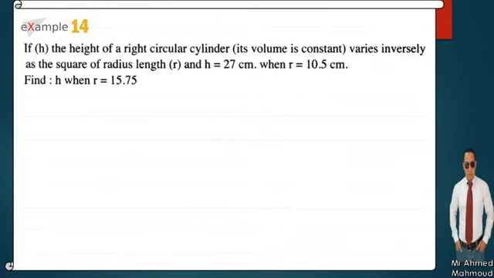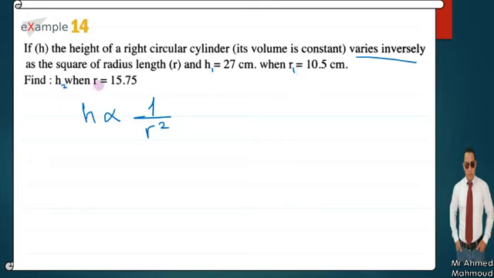Now, example 14. The height of a circular cylinder whose volume is constant varies inversely as the square of the radius r. That means h varies inversely as 1 over r to the power of 2, where h1 equals 27, r1 equals 10.5.